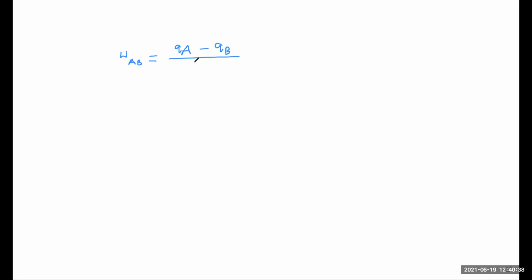So WAB is equal to QA minus QB by KA minus KB.